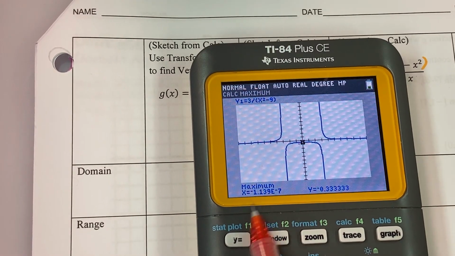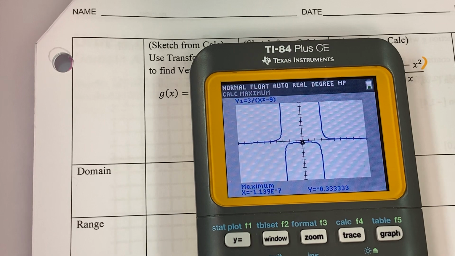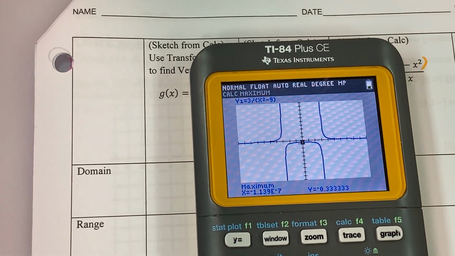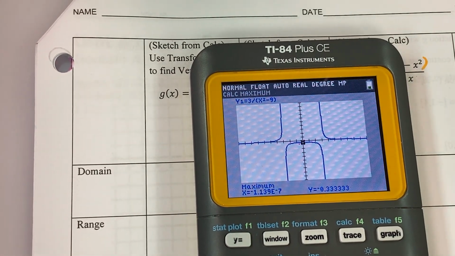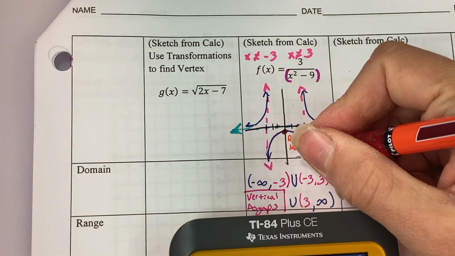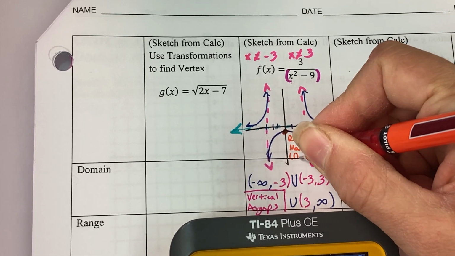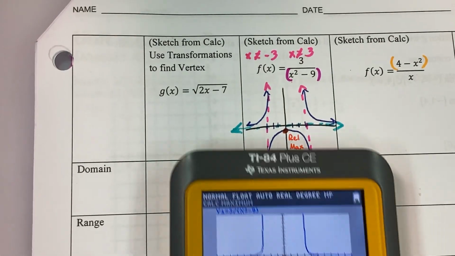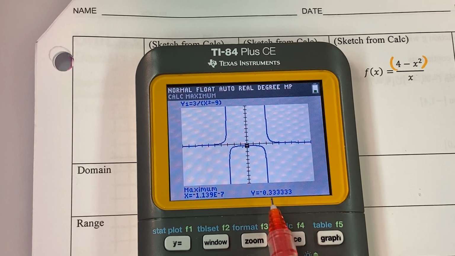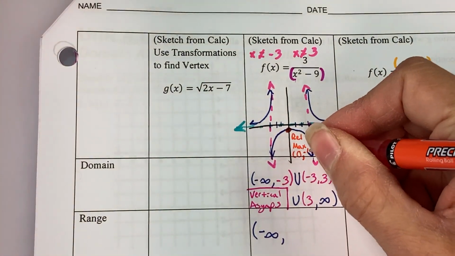Your calculator shows negative 1.139 e to the negative 7th. Folks, anytime you see that e to a negative number, you can just assume that that rounds to 0. So a relative maximum at 0. And then the y value is at negative 0.3 repeating, which would be a negative 1/3.